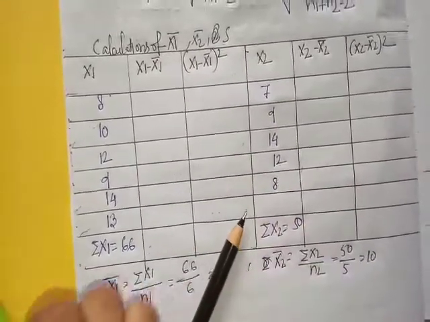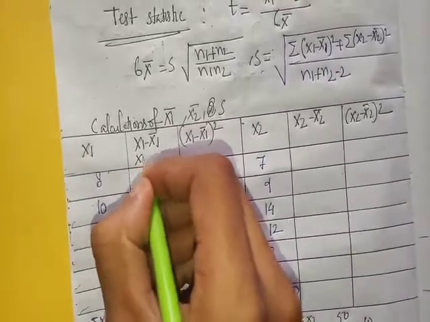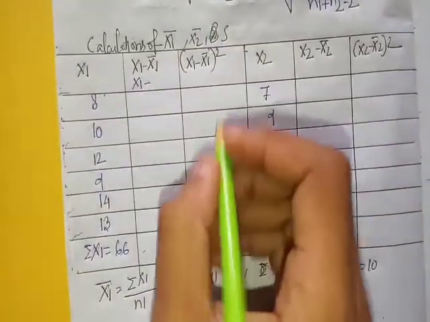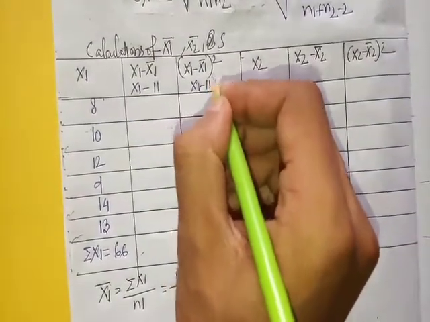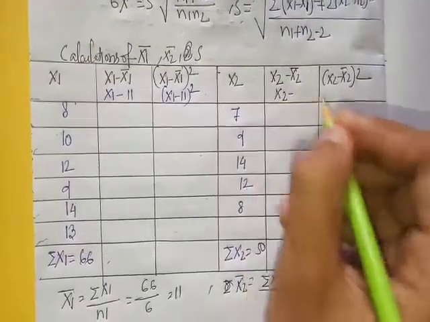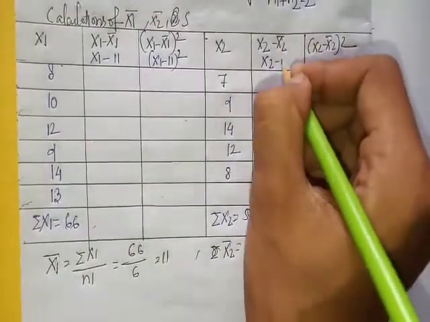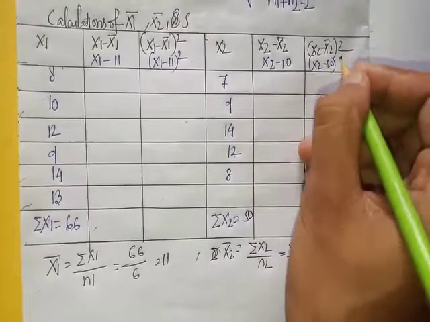So here x1 bar is 11 and x2 bar is 10. So we take x1 minus 11 whole square, and similarly x2 minus 10 whole square.